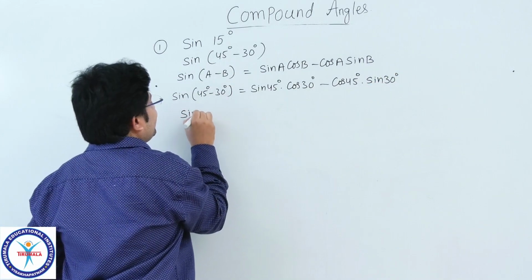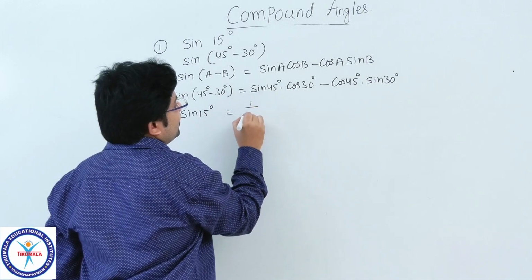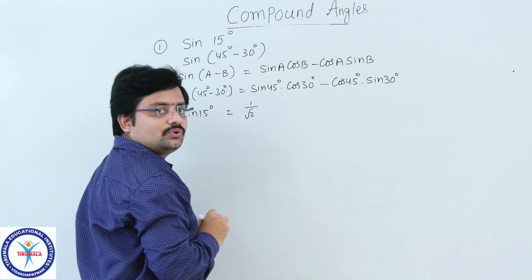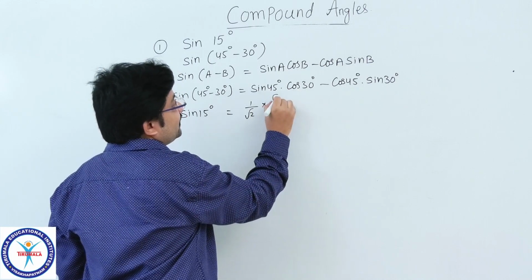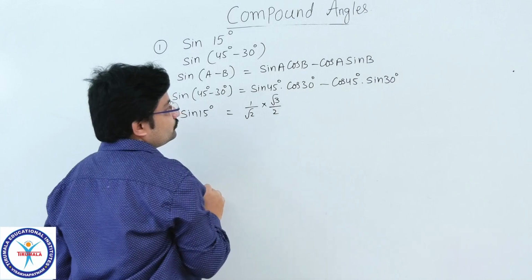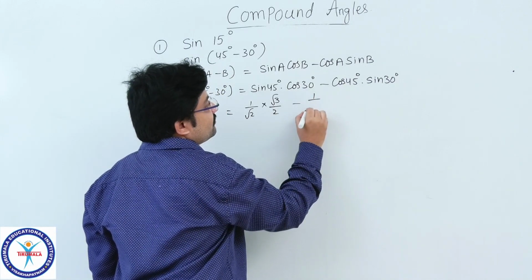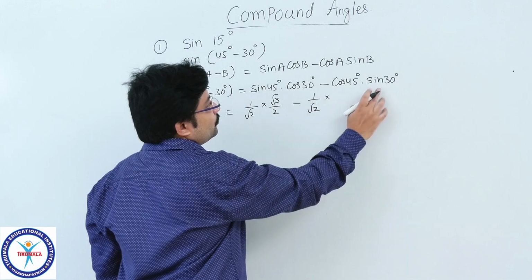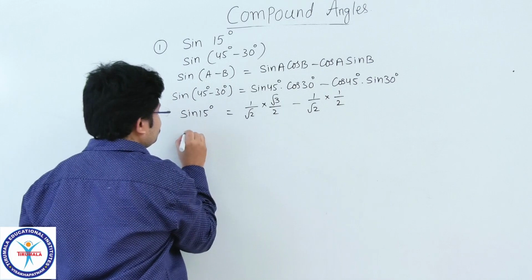The value of sin 45 is 1 by root 2, cos 30 value is root 3 by 2, minus cos 45 value is 1 by root 2, into sin 30 value, that is 1 by 2.